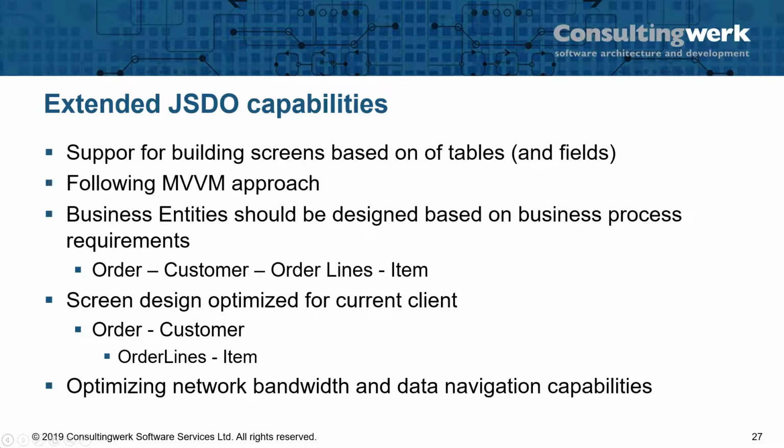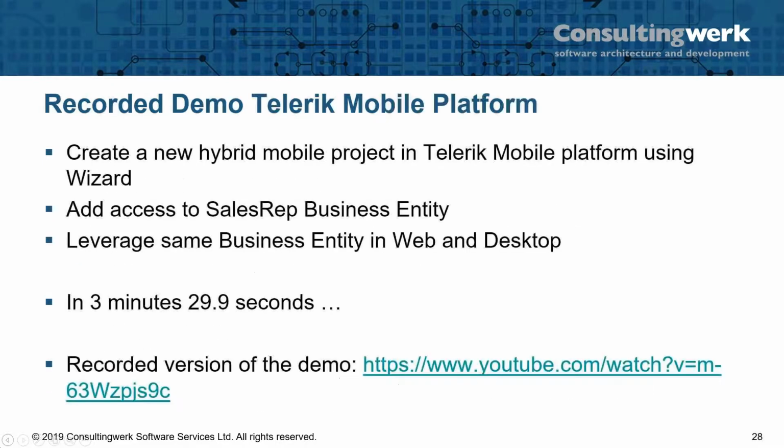MVVM says there's a model and a view model, and basically all it says is that the way the client navigates through data might be different from the way the server navigates through data, and we can provide subsets of the data to the client to make it a more efficient solution.